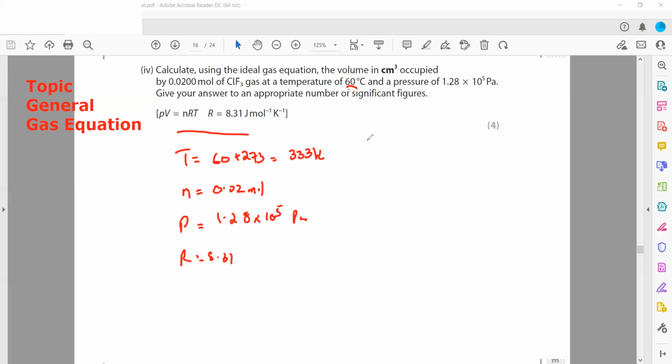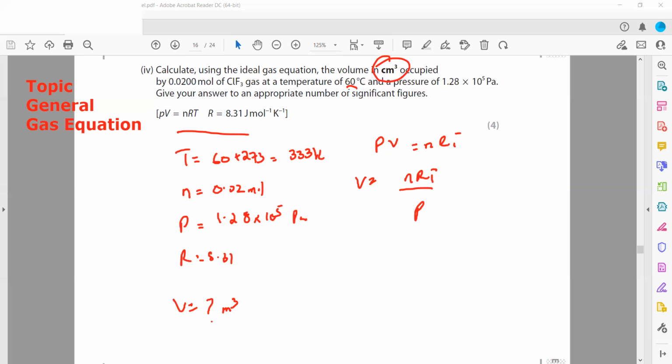But remember, whenever we use this formula, we always get the answer in meter cubed. PV equals nRT, so V equals nRT divided by P, and the volume we get is always in meter cubed. But in the question, we have to convert meter cubed into centimeter cubed. So first we find it in meter cubed, and at the last part, we convert.